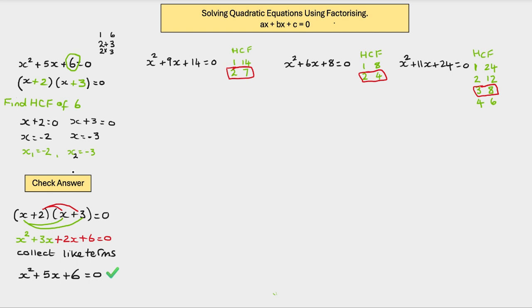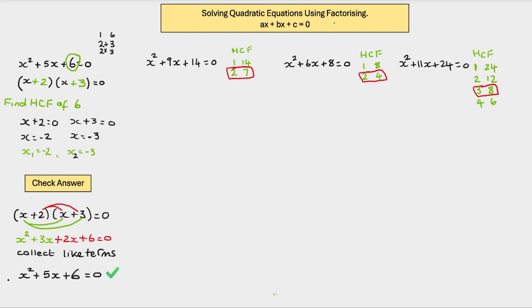And I think if there's a way you could check your answer, do it, especially in an exam, because you can tally up the marks for that and feel confident you got it right. So what you've got to do is put your answer into the brackets, and you've got to get it back to the original question.